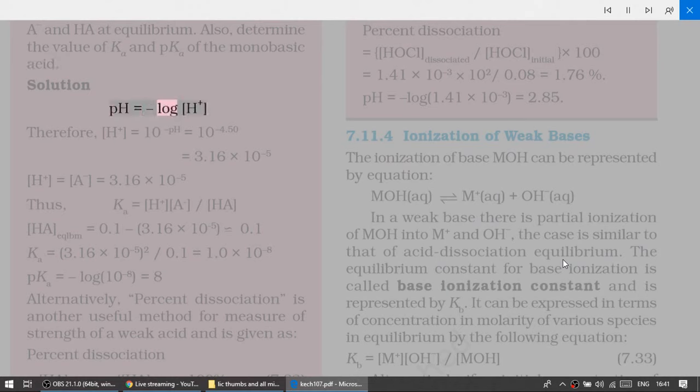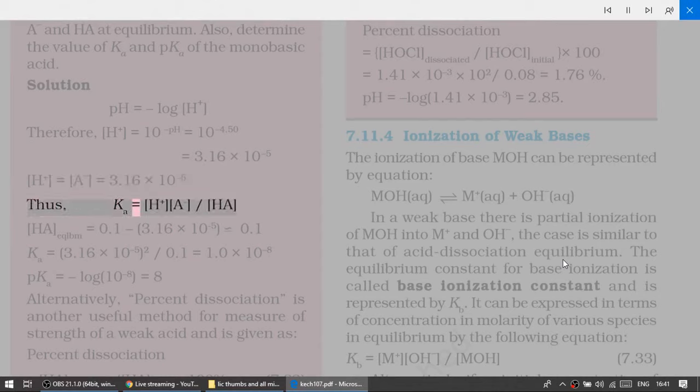Solution: pH = −log[H⁺], therefore [H⁺] = 10^(−pH) = 10^(−4.50) = 3.16 × 10⁻⁵. [H⁺] = [A⁻] = 3.16 × 10⁻⁵.